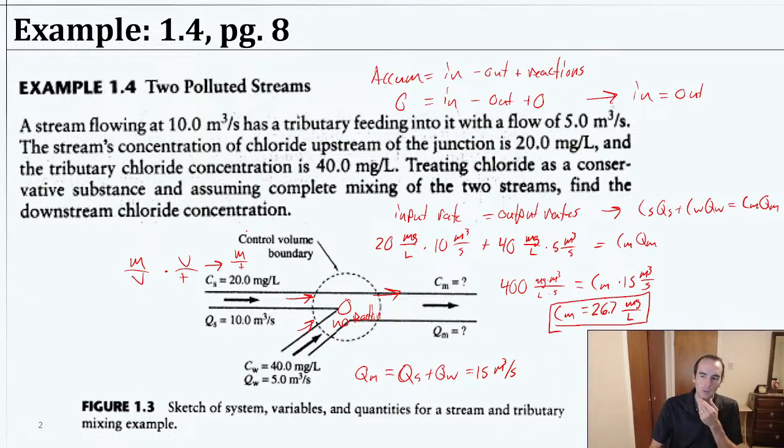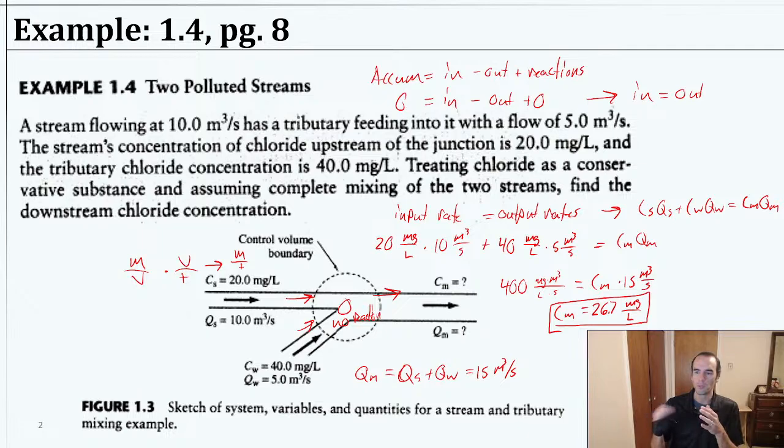Now, we can stop and think just for a moment about where we started. We started with one stream at 20 milligrams per liter and one stream with a lower flow rate at 40 milligrams per liter. So if they had the same flow rate, we would expect it to kind of just average. So we would have expected 30 as the final if it was 10 plus 10 in terms of flow rate.